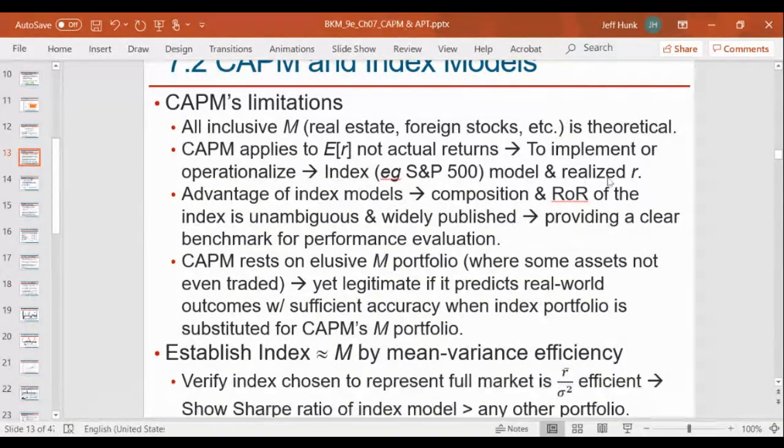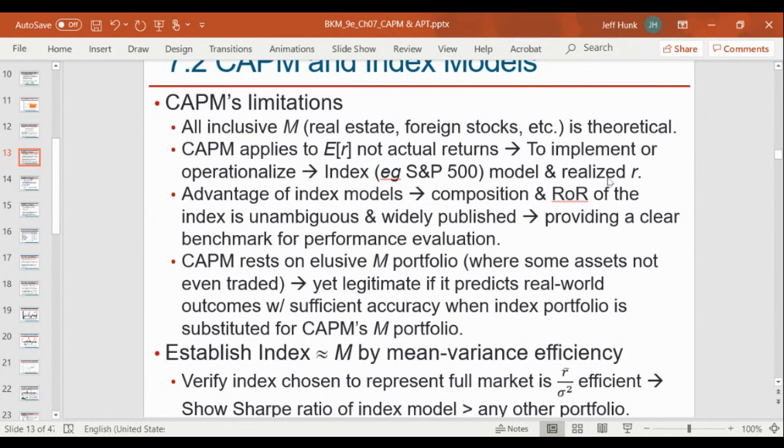Unlike the theoretical market portfolio, which is constantly in flux in the number of companies in it, or other elements or factors, the S&P 500 has a definitive number of companies in it.